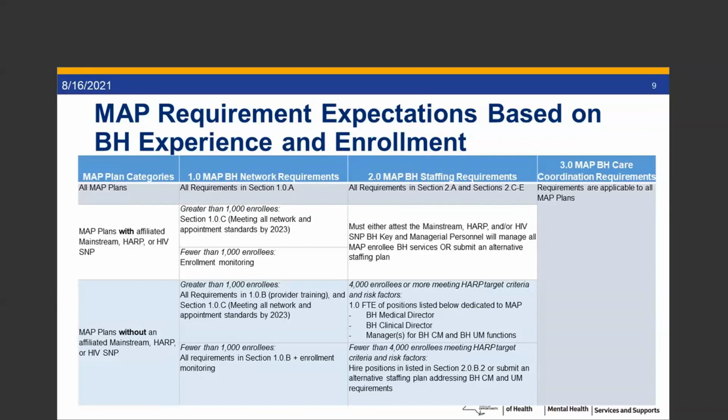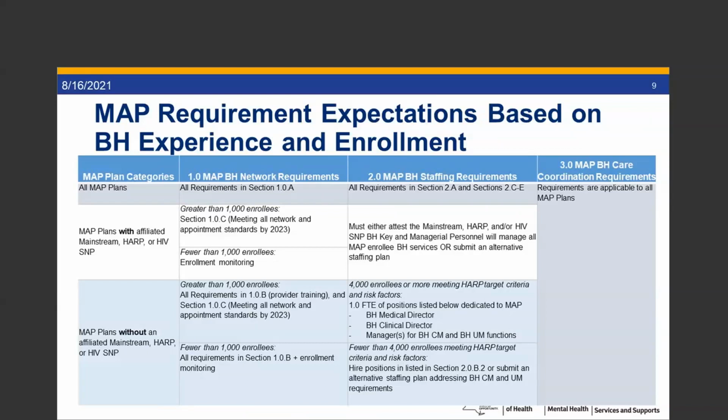So if we take a look at the first column, the MAP network requirements, all the MAP plans would be expected to follow the requirements listed in section 1A, which lists a bunch of different networking and contracting expectations in that document, which you can refer to. But if you are a MAP plan with greater than 1,000 enrollees, you would be expected to meet all those network and appointment standards for your counties served by 2023, with 50% of those standards being met by 2022.